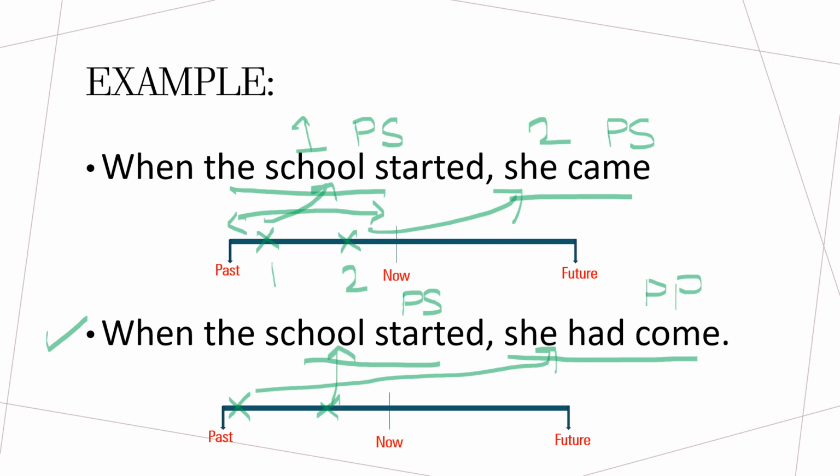So remember, we only use the past perfect when we want to refer to a past earlier than another time in the narrative. So in this case, she had come before school had started. That's why we are using past perfect tense here.